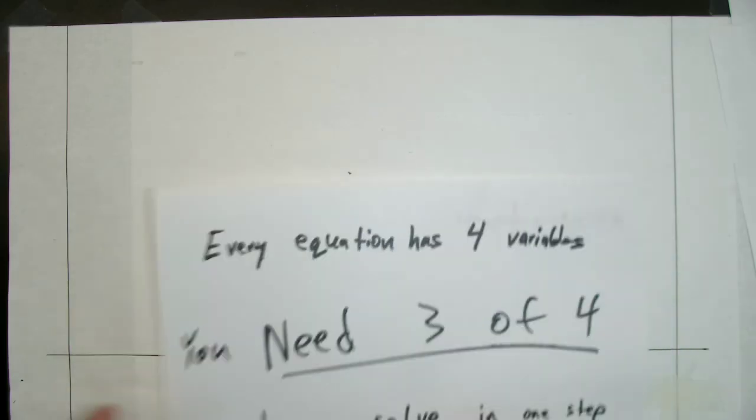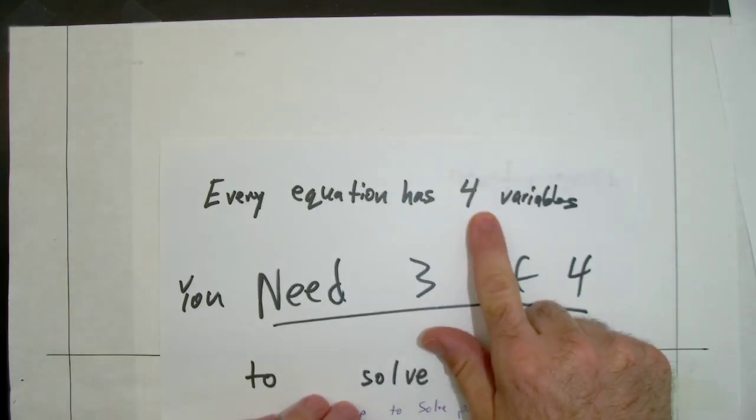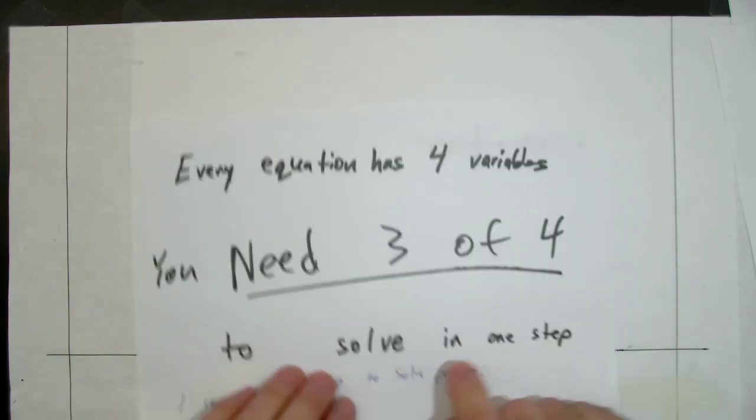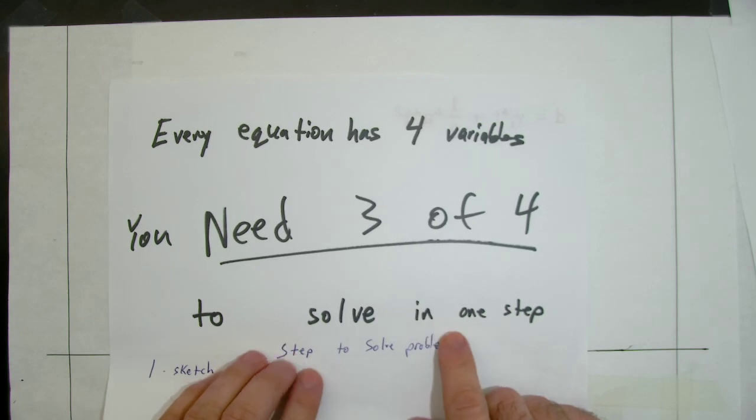Now, there are four equations, and I apologize, this thing's really sloppy, but it's worth noting that every equation has 4 variables, and you need 3 of the 4 to solve this in one step.